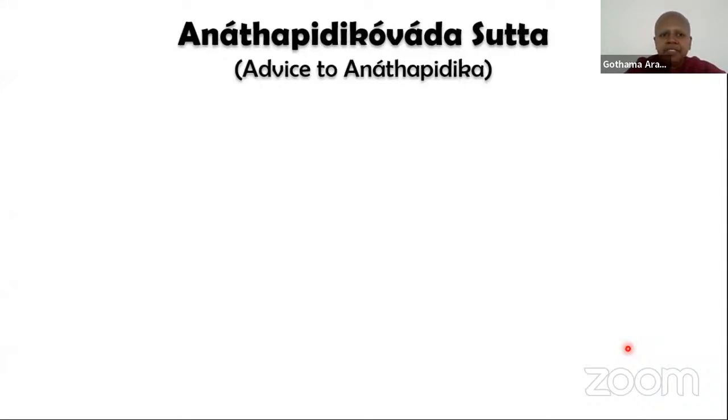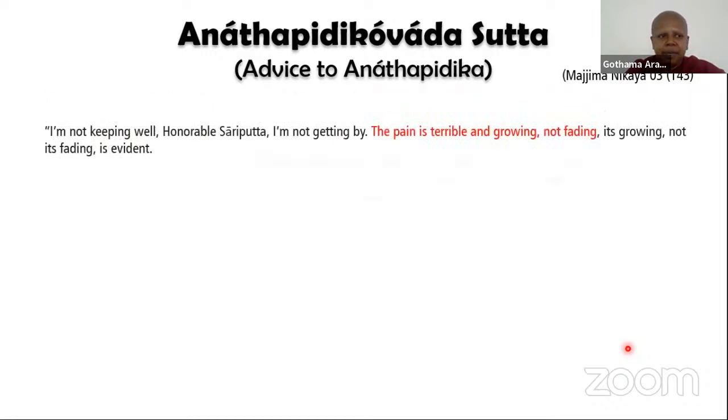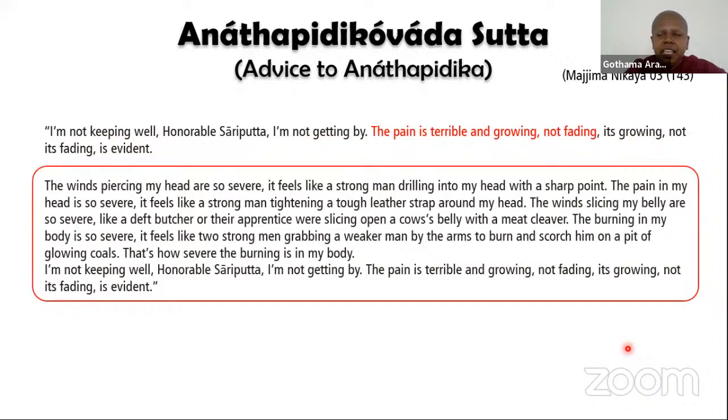This is the advice to Anathapindika, the Anathapindikovada Sutta. I will just quickly tell the story. Anathapindika was the greatest donor of the Buddha Sasana. Now he has become very old and very sick.